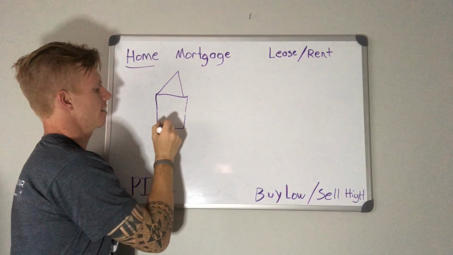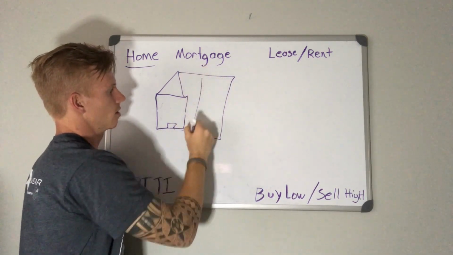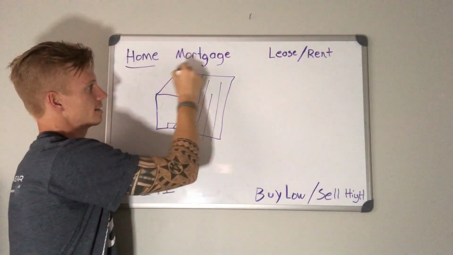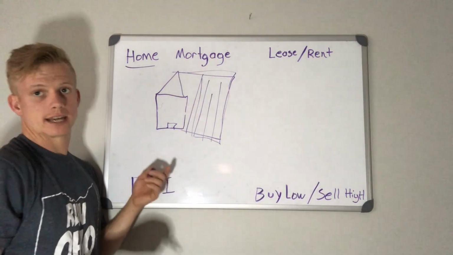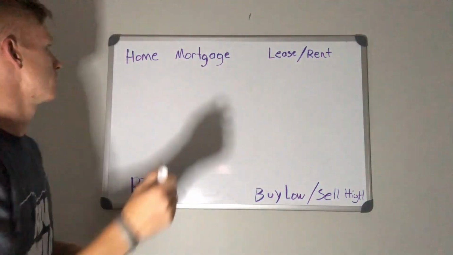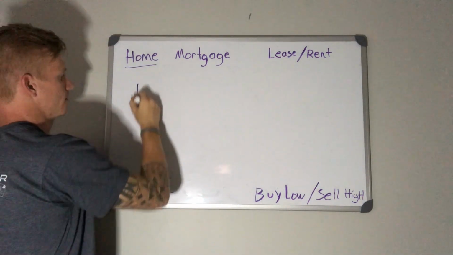And say if you have 1 door and multiple different rooms, then you have a townhouse. This would be a townhouse. For me, I try to specialize in single family homes. So for an example, again, we have our home.